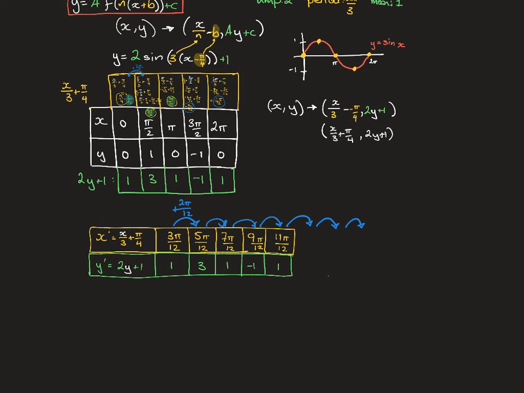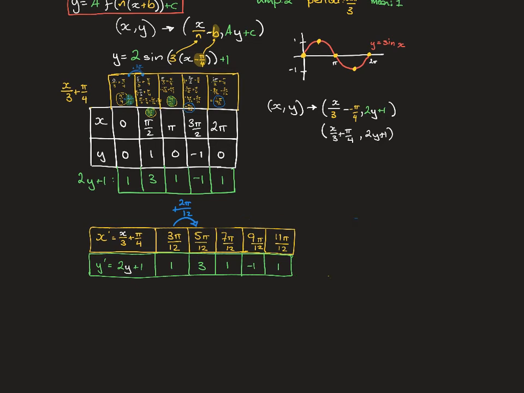So if we follow that pattern, our next few values start with 1, 3, 1, -1, 1, 3, and on and on it goes for however many of these new ones you want to generate.